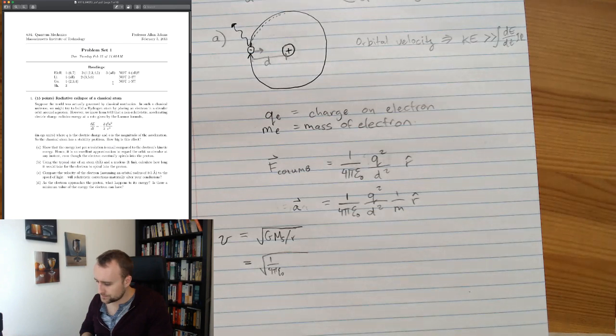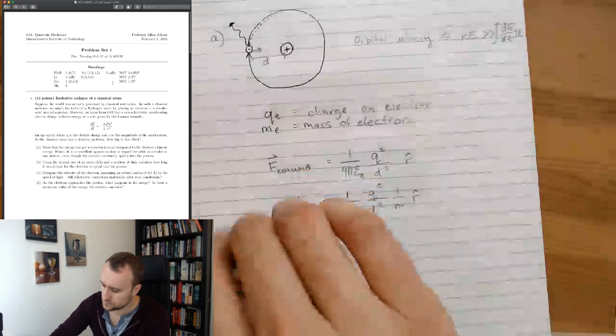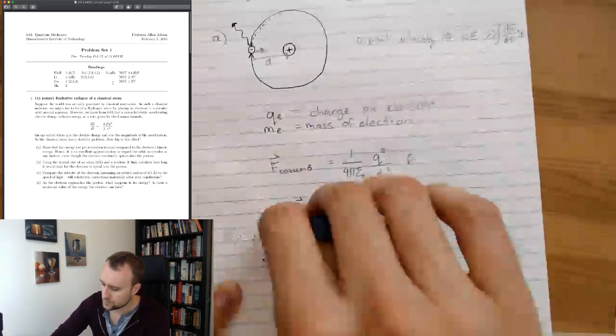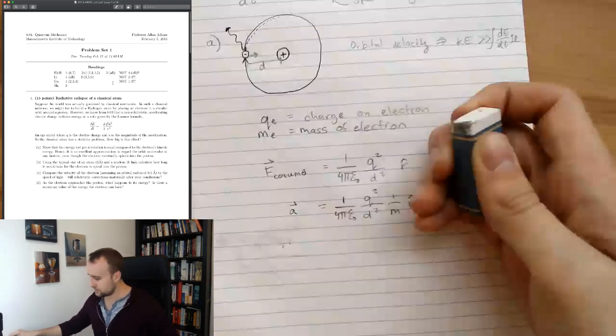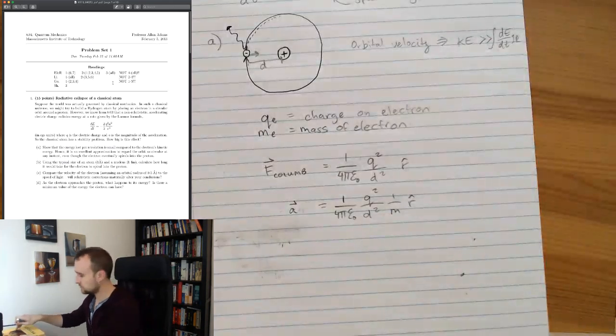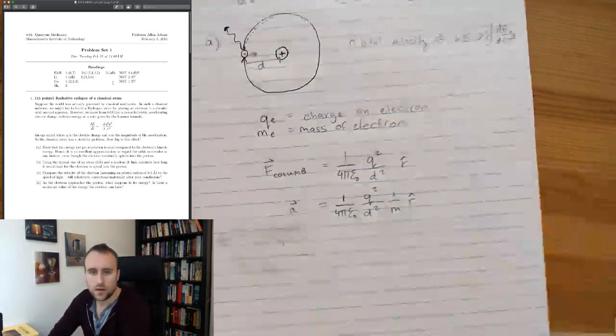I think, let me just erase this for right now. Let's just put this over here. I've got some bookmarks if I need to go back to those pages, though.